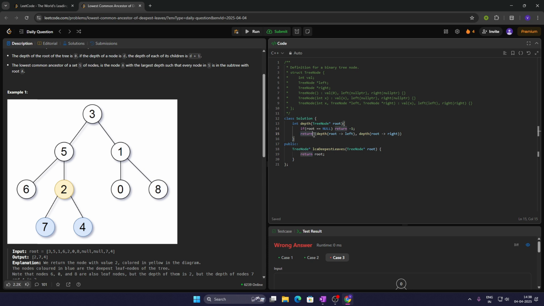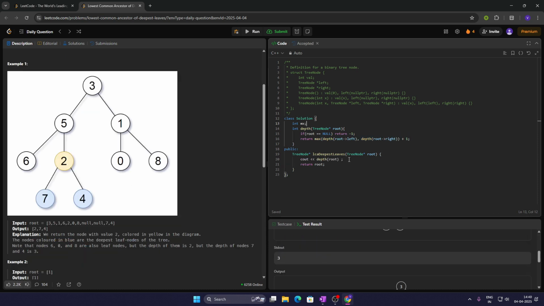I have to choose the maximum depth, right? So I will check for the maximum of these two. And at every level, the depth will be increased by one. So here the maximum from the left subpart, maximum from the right subpart, and one incremented here. Like in mx, I will declare one global variable and I will update mx equal to depth.